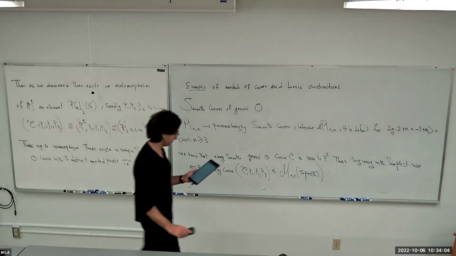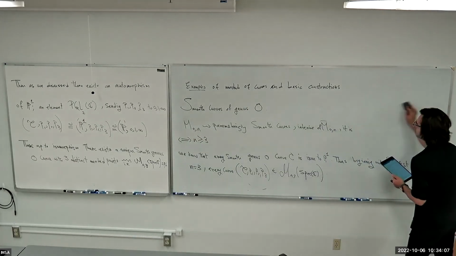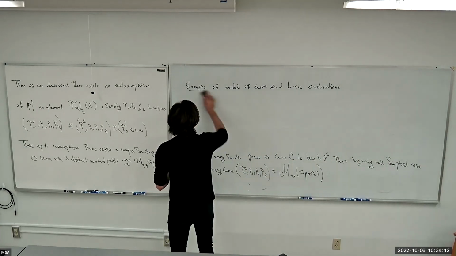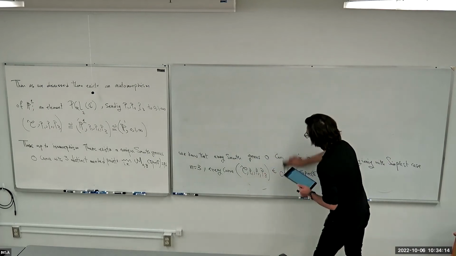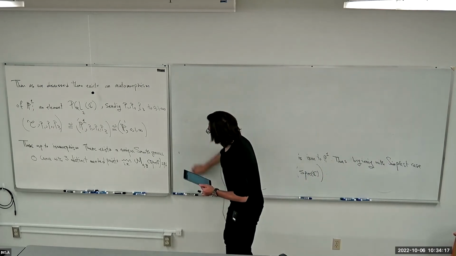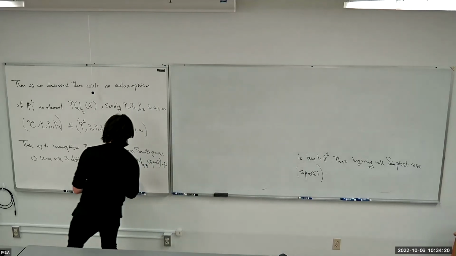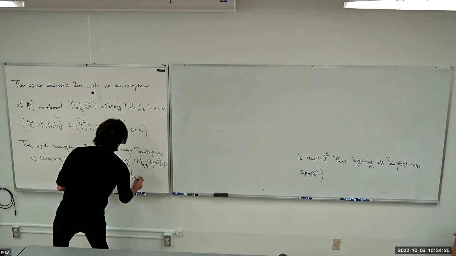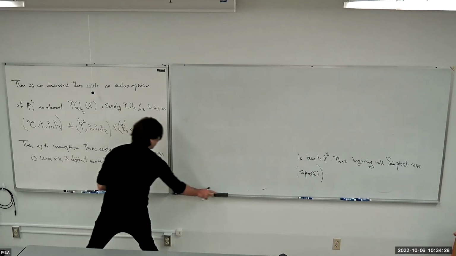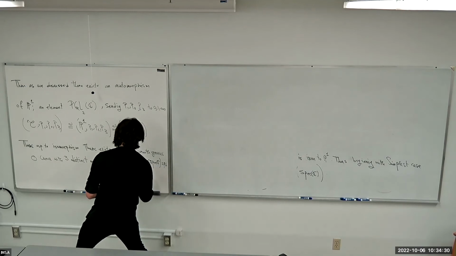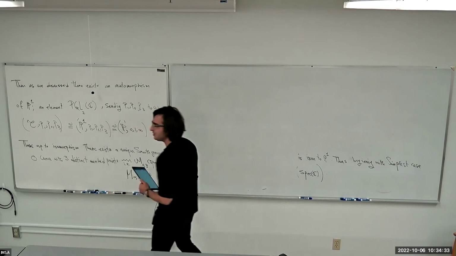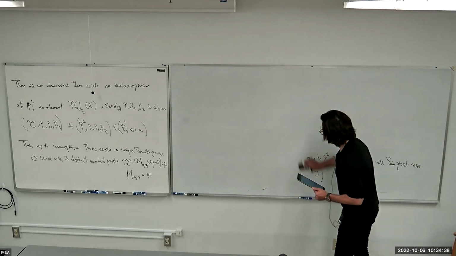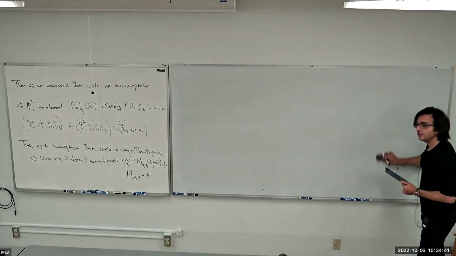Okay. Actually, M03 is a point. So, anyway, it's just a point. It's just a P1 with 3 markings on it. And that's the same as P1 with 0, 1, infinity, and that's unique.